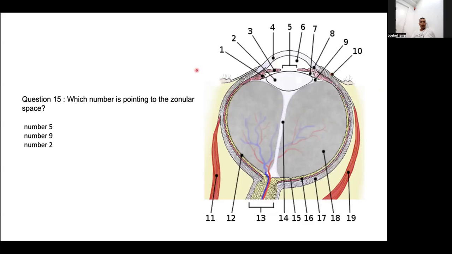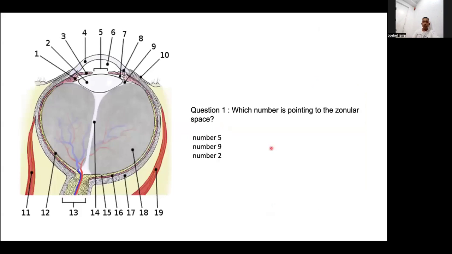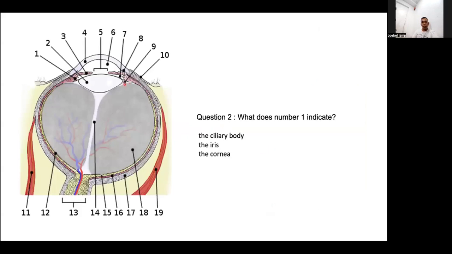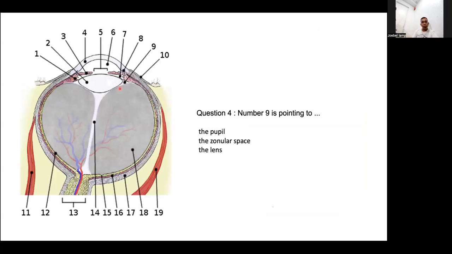What number is the zonular space? 9. Okay. So number 9 is the zonular space. Ang number 1, what is it? The ciliary body. Okay. Anterior chamber. 6.